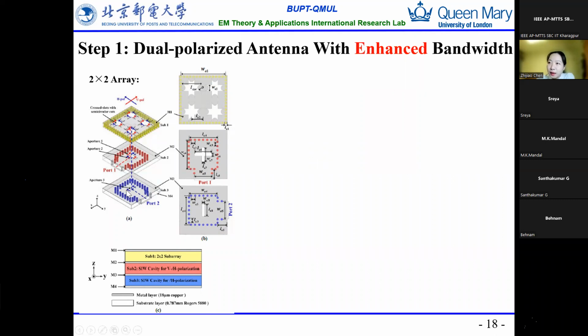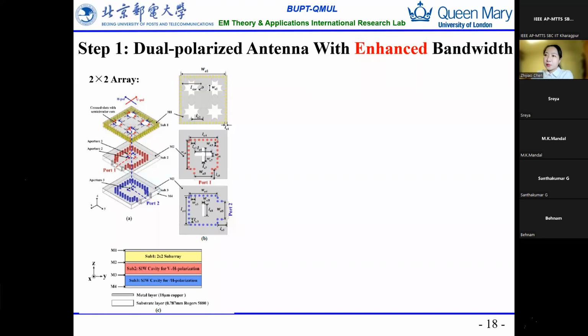So this is 3 layers, and you can see this is the subarray with a 2x2, and this subarray is fed by the aperture in here. The power from port 1 goes inside and resonates in this SIW cavity, going upward and divided by 4 in this cavity, and then feeds these 4 antennas with the same amplitude and phase.